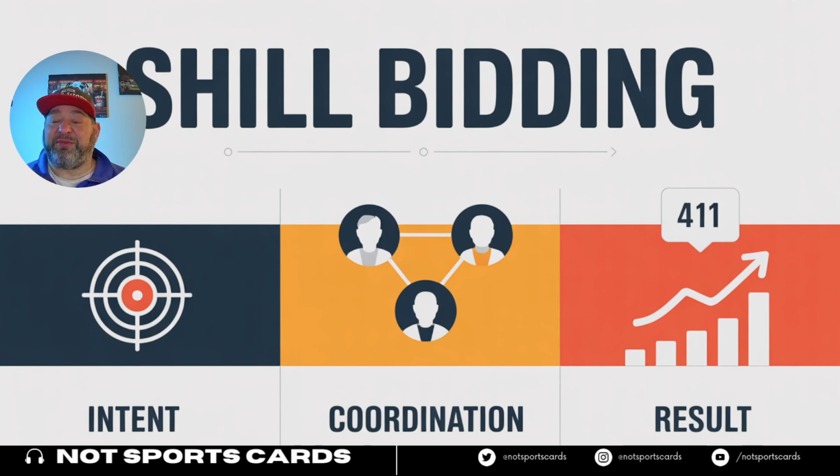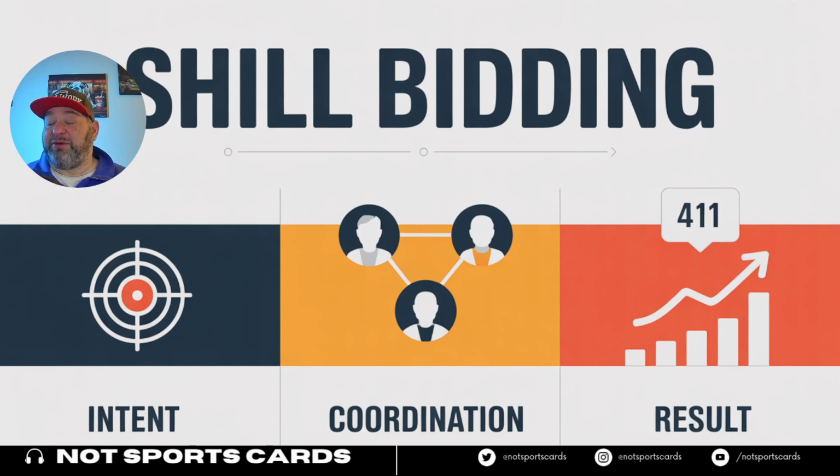A different type of intent would be to enforce a floor, and I definitely do this. What I call enforcing a floor, and I'd love to hear your opinions on this, is if there's a card I own, I'm not going to let it sell below X price. Yeah, I'm pushing the price up, but I'm willing to buy it.